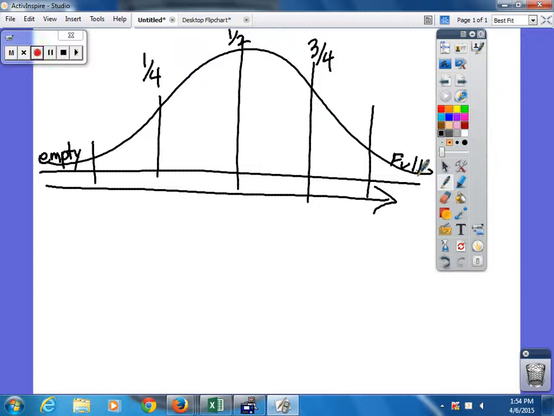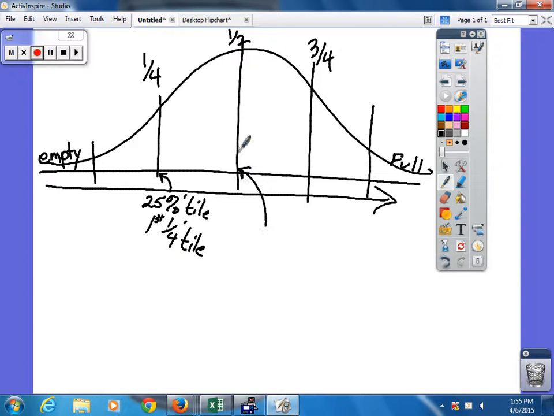Now, a quarter of a tank is pretty much called 25%, or the 25th percentile. It's also called the first quartile. It's the same thing. If somebody says the 25th percentile or the first quartile, they're talking about the same thing.